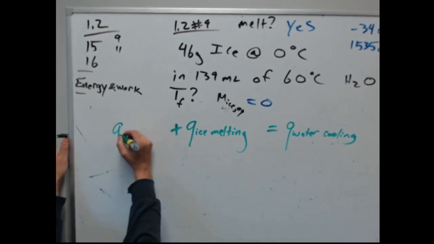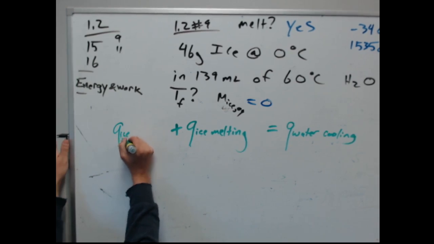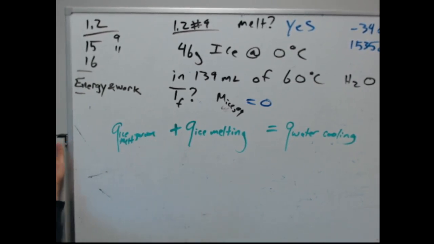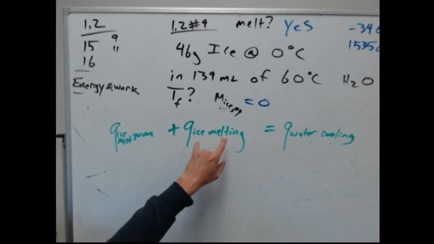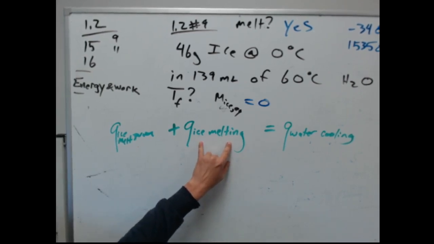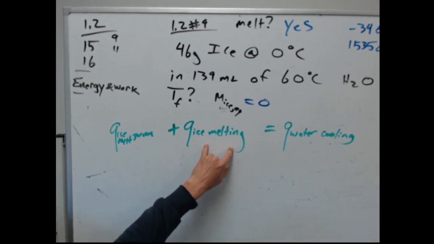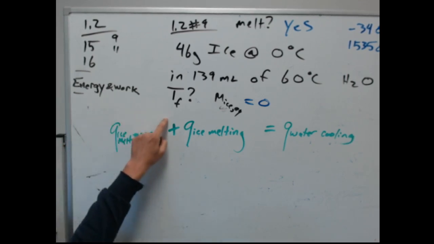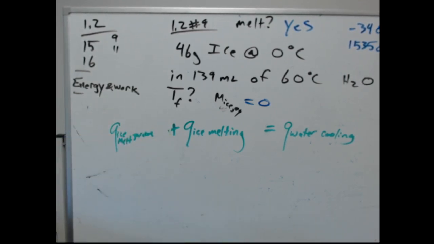I'm going to call it something weird. I'm going to call it ice melt warm. Right? So I'm going to have some amount of energy that goes into melting the ice, and then whatever energy is left over is going to go into that melt warming up.